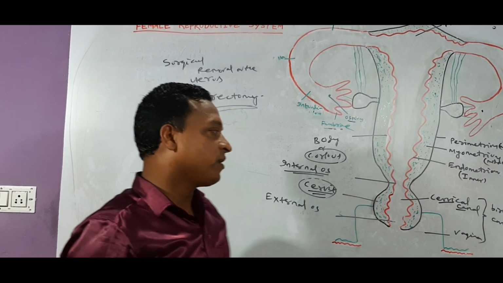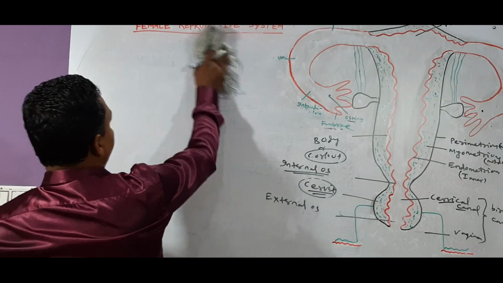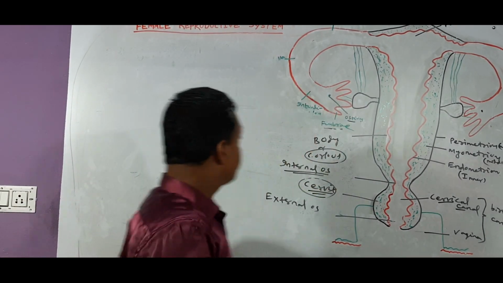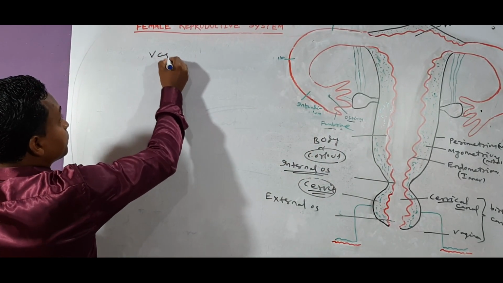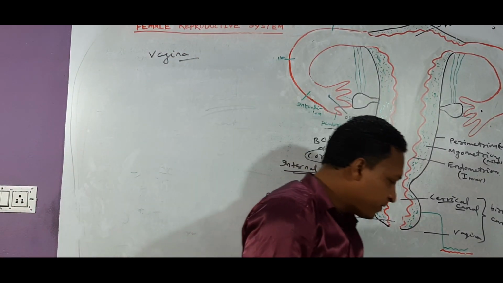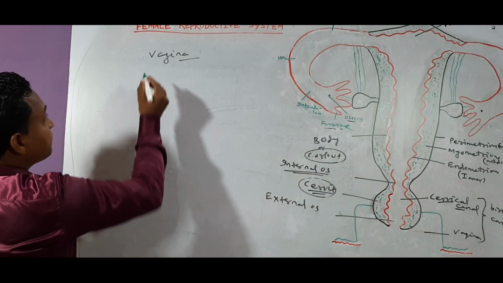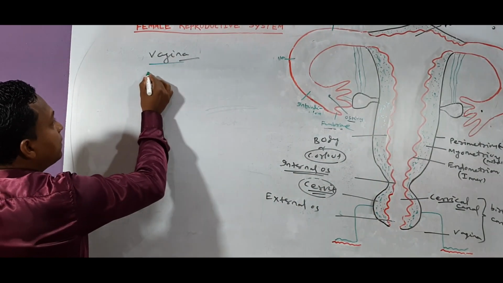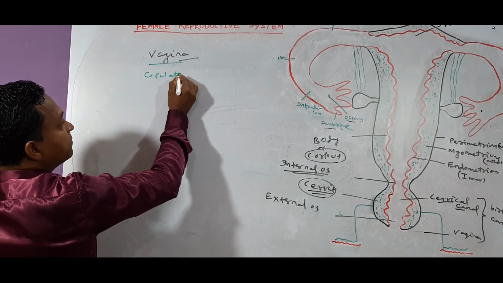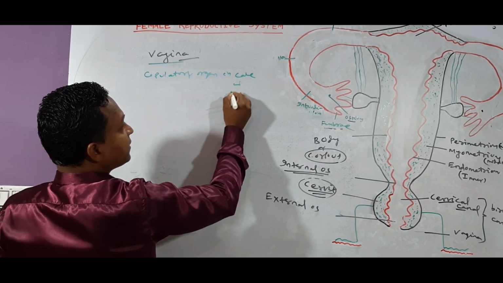Clear? Now we talk about the next part, that is the vagina. If we talk about the vagina, try to understand. This vagina is the copulatory organ in case of female.